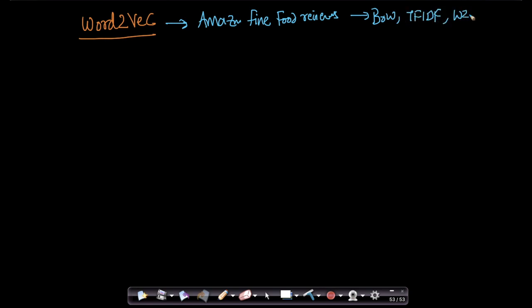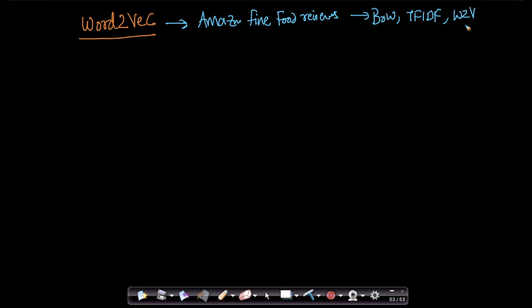So we have seen Word2Vec at multiple places. If you recall, in the Amazon Fine Food Reviews dataset, when we learned various ways of featurizing text data, we looked at bag of words, TF-IDF, etc. But we also looked at Word2Vec.